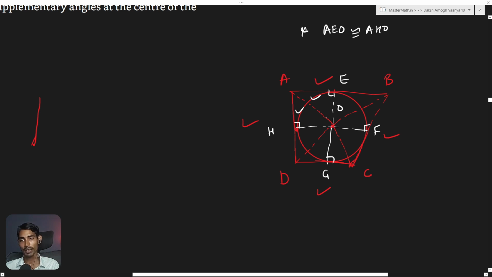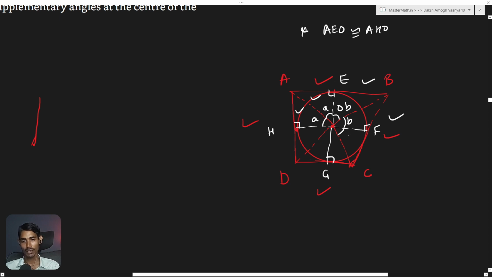So if that is true, can we name this angle A and this A? Let me take some other values. And these two triangles would also be congruent, EBO and BFO. So even this would be B and B, by CPCT.